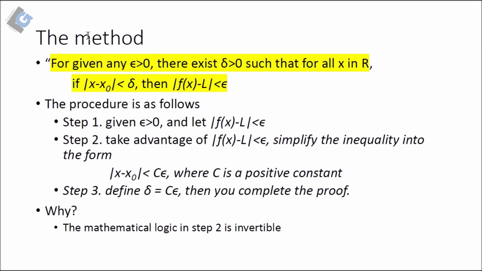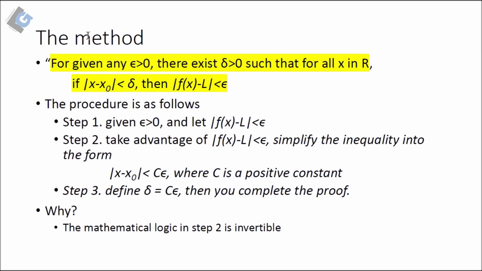So the procedure is as follows. First step, for a given positive epsilon, you assume or let the absolute value of f(x) minus L be less than epsilon. That's the first step. Second step, take advantage of the absolute value of f(x) minus L less than epsilon.